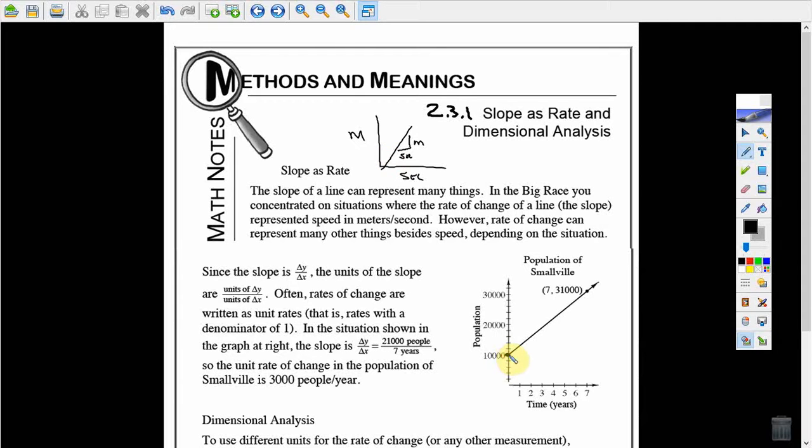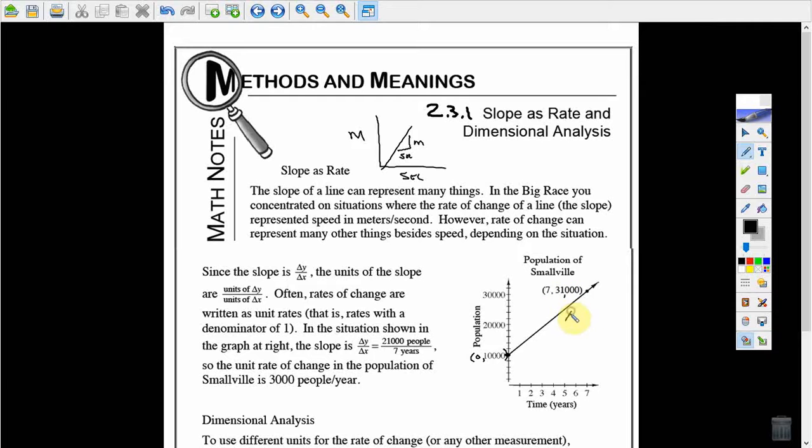In other words, we have a y-intercept right here at 0, 10,000. So in year 0, there were 10,000 people in this town of Smallville. In year 7, there were 31,000 people in this town. That's a huge amount of growth. So the unit rate of change of the population is 3,000 people per year.